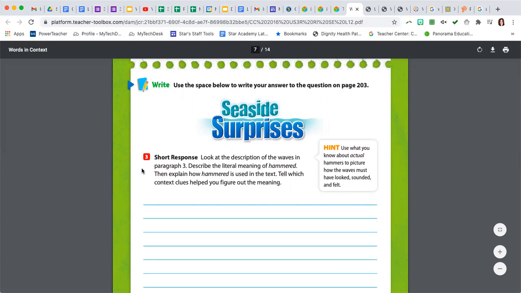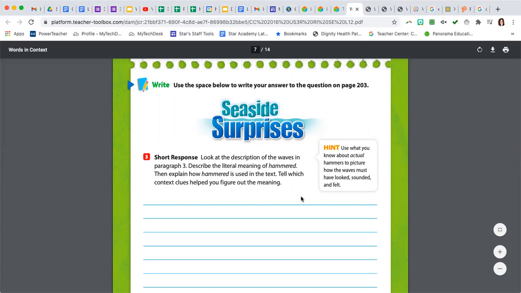Then explain how hammered is used in the text. Tell which context clues helped you figure out the meaning. And here's a little hint. Use what you know about actual hammers to picture how the waves must have looked, sounded, and felt.